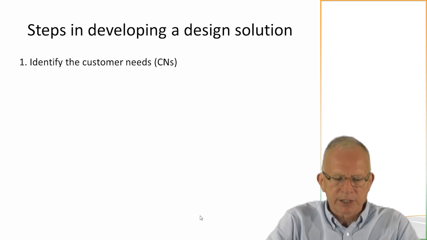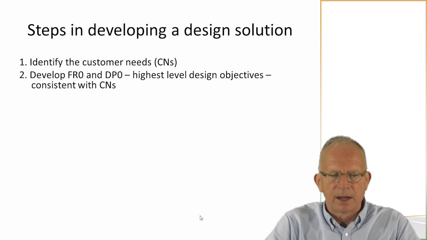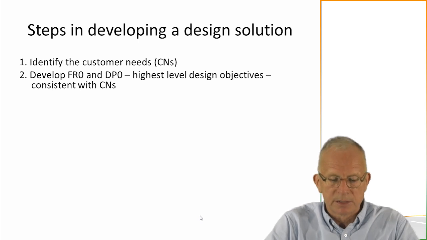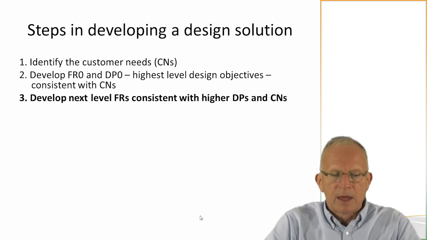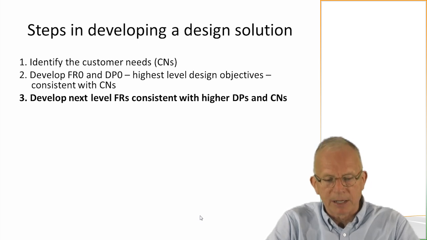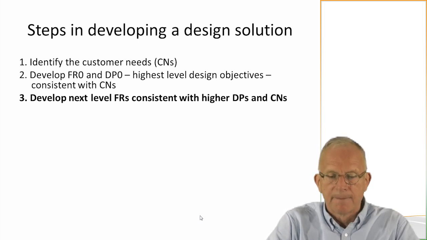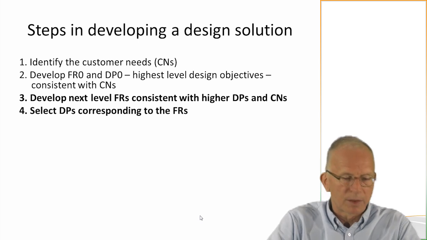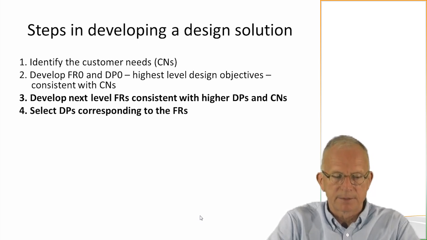First we look at the customer needs, and then we develop FR0 and DP0 at the highest level, and these are consistent with the customer needs. Then we develop the next level FRs consistent with the higher level DPs, which provide constraint on the lower level FRs, and the customer needs where other constraints could be contained.